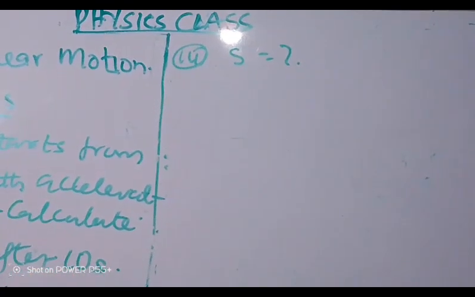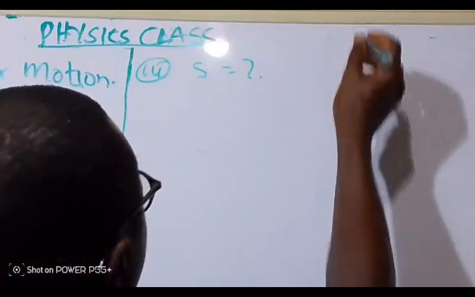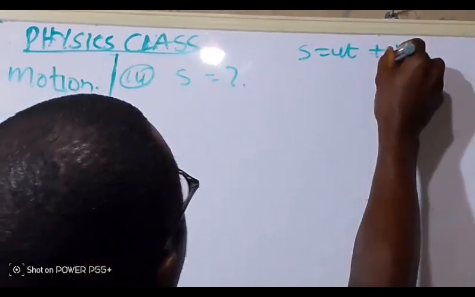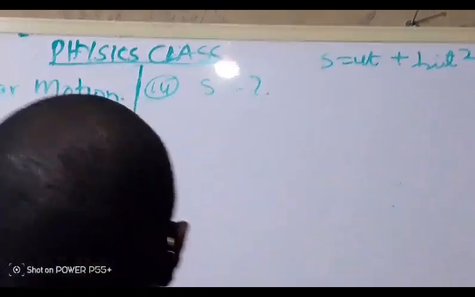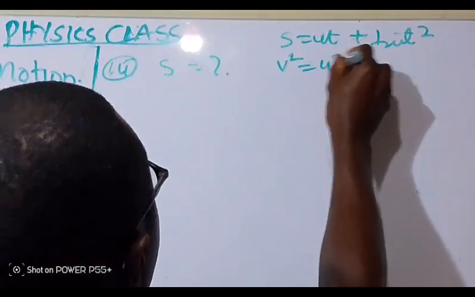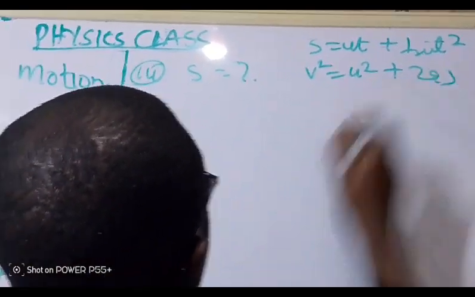Now, according to our formula, equation 1 cannot solve it out. Let's write equation 2, S is equal to UT plus half AT squared. And equation 3, V squared is equal to U squared plus 2AS.